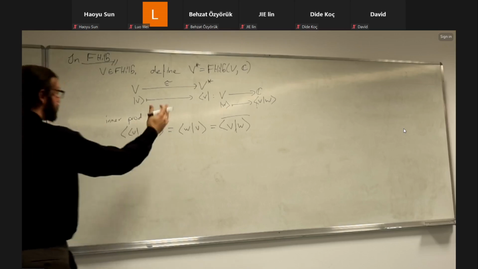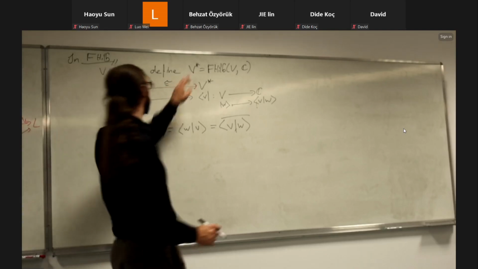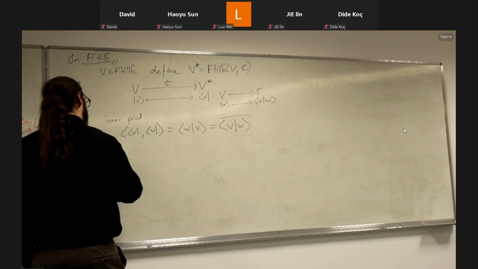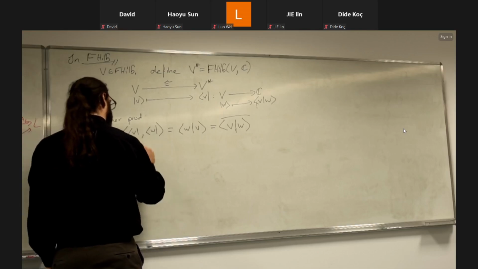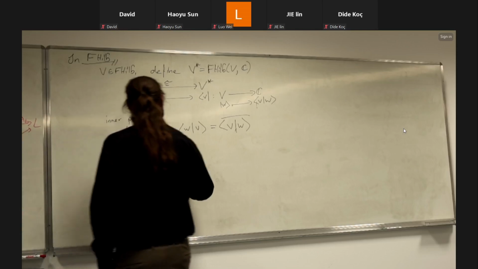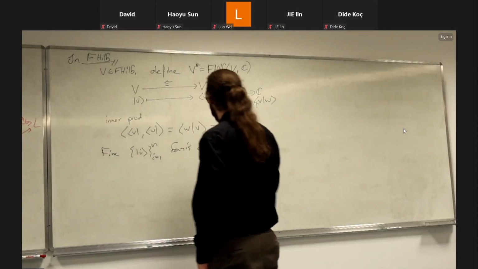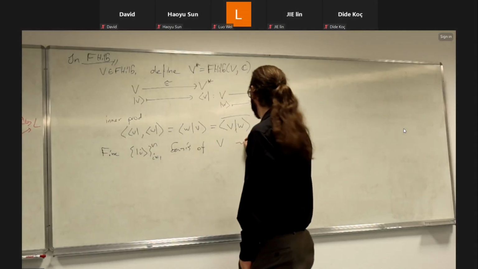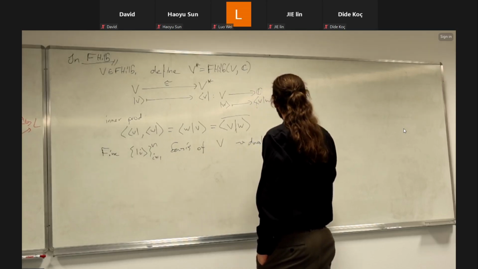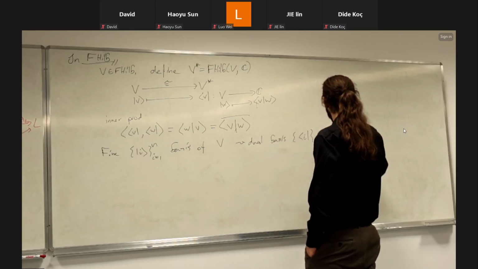So this gives us a Hilbert space structure. And so we have this canonical dual Hilbert space. And now if we fix a basis of V, we get the dual basis of V star.